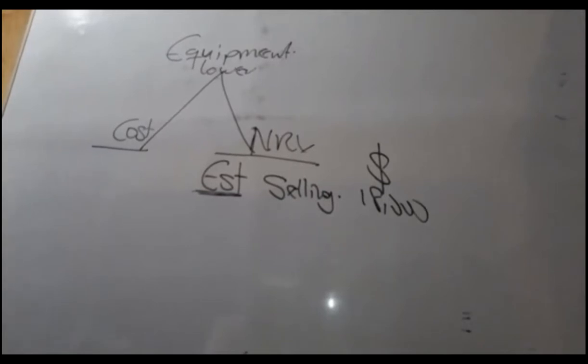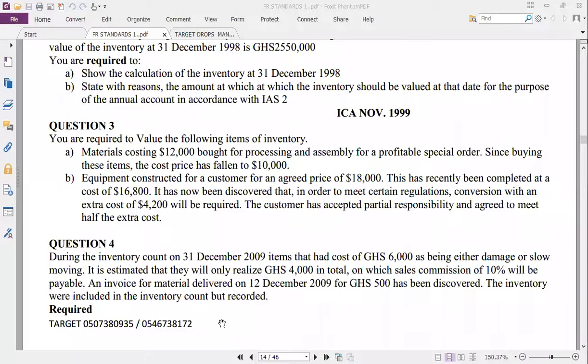Now let's continue the game. So if I reach more, I bring it. Eight. Hey, I think I'm reading from a different section. There's no eight here. Oh, yes, there's eight here. Okay, this has recently been completed at a cost of what? 16,800.